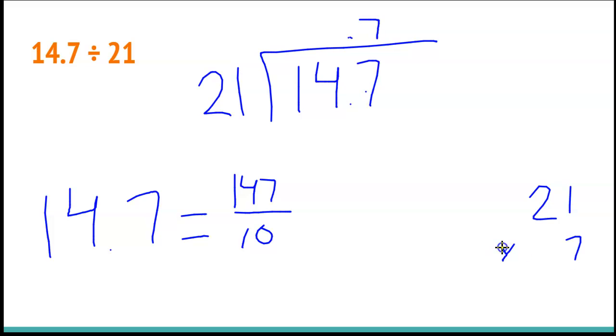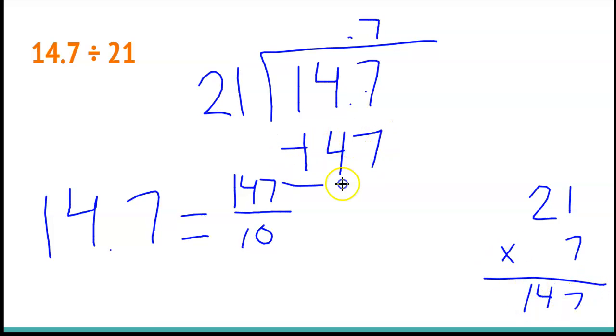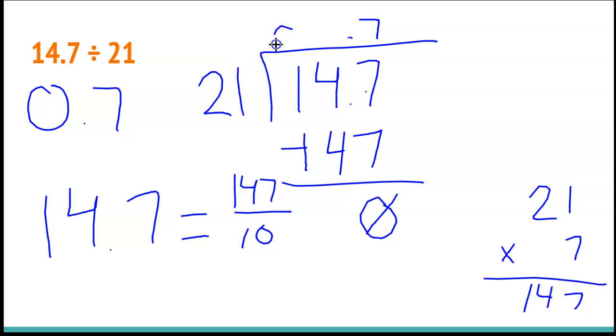Well, we can go ahead and work it out just to be sure, but it is 147. I have nothing left. So my quotient is 7 tenths. Again, I could not split my 1 into 21 groups. I could not split my 4 ones into 21 groups. I had to go to my tenths. 147 tenths divided by 21 gives me 7 tenths in each group.